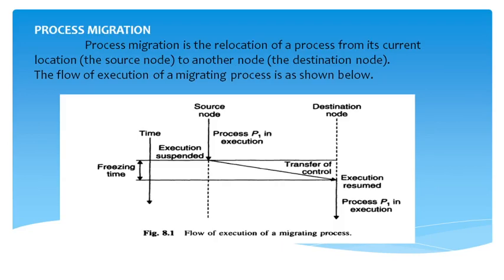In process migration, as we have already said, process migration is the relocation of the process from its current node to the destination node. In the source node, the process P1 is in execution.